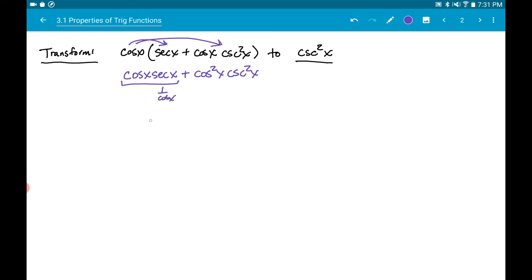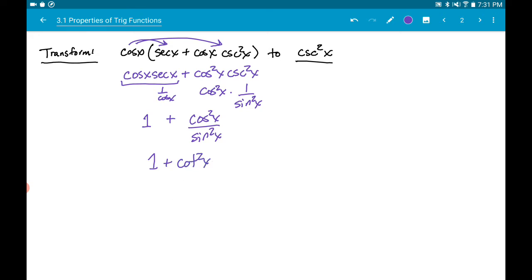And this is a reciprocal property, and this thing actually becomes 1. And cosecant squared, I'm not a big fan of that. But cosecant squared is the same as 1 over sine squared. And cosine over sine is cotangent.